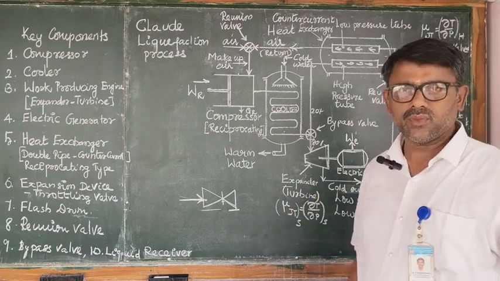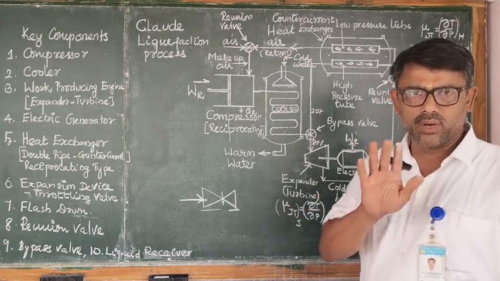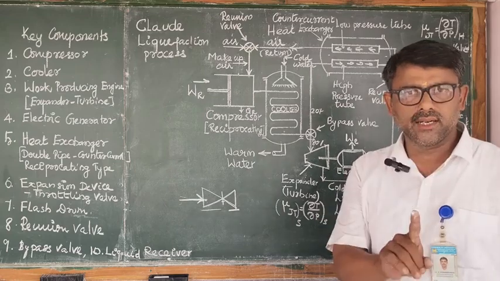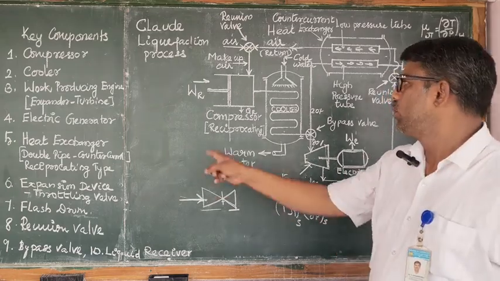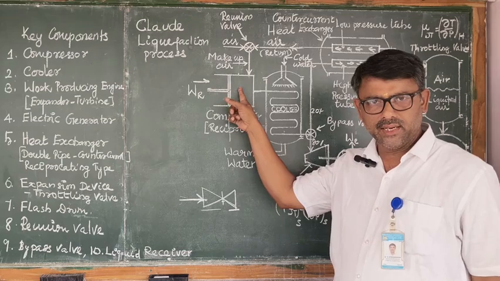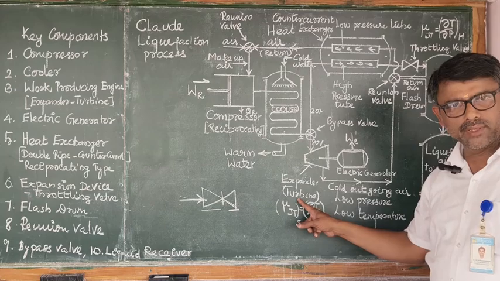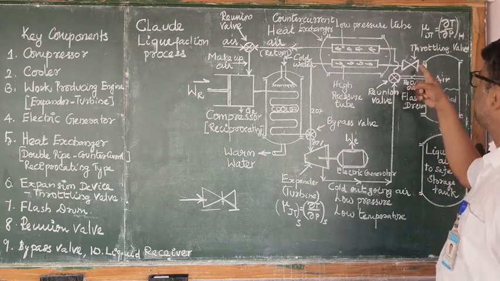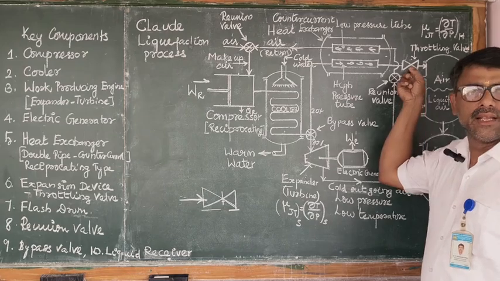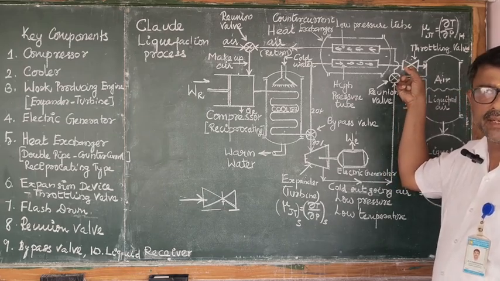As usual, the working principle is single compression, dual expansion. Only one compression stage. And dual expansion: one is isentropic expansion, another is isenthalpic expansion. Here the expansion is very sudden.